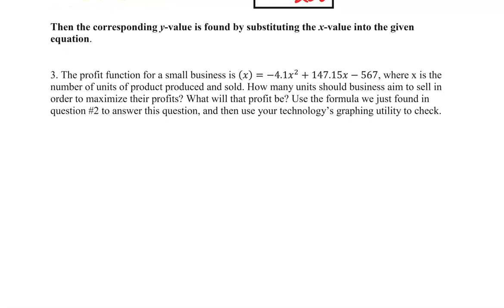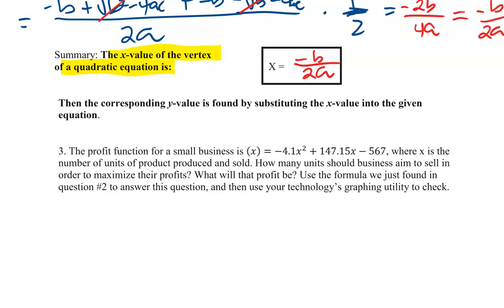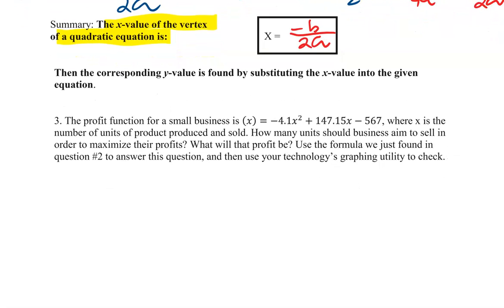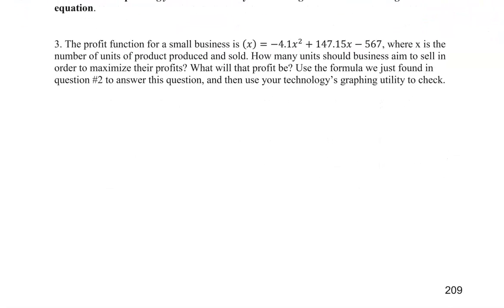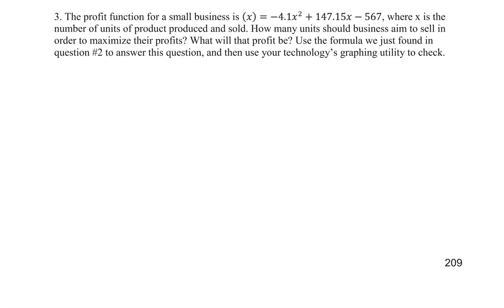Then the corresponding y value is found by substituting the x value into the given equation. Okay, next one. The profit function for a small business is f of x equals negative 4.1x squared plus 147.15x minus 567, where x is the number of units of product produced and sold.